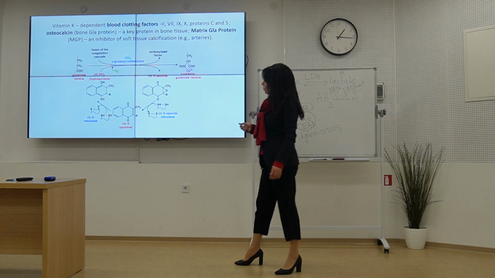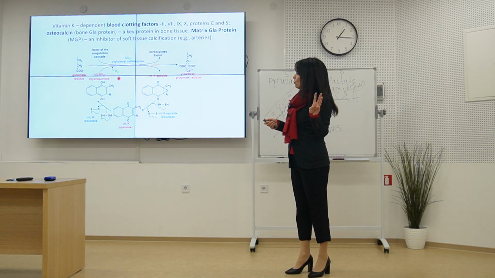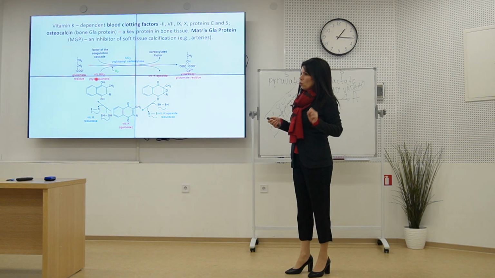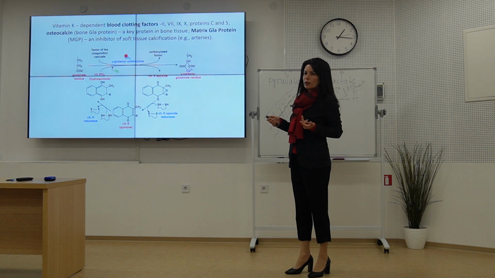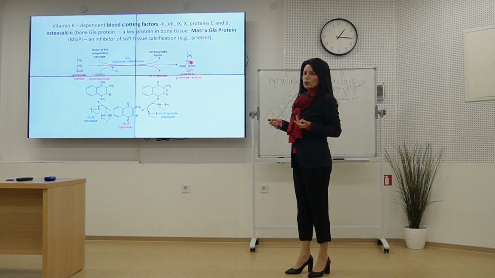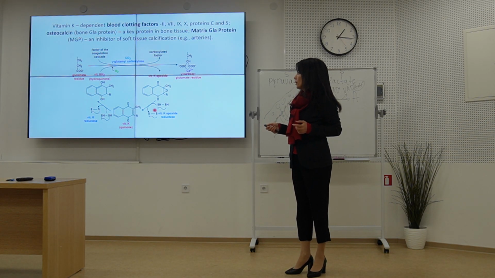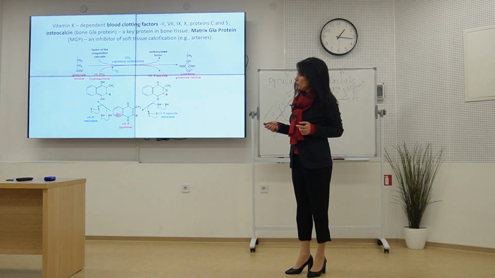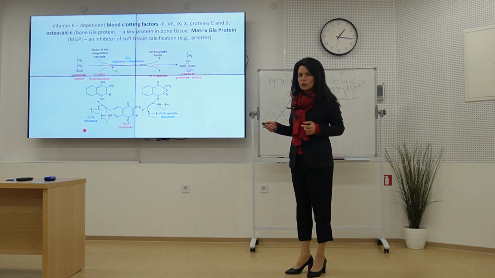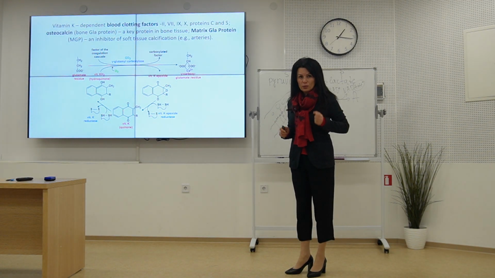Let's see the reaction. Vitamin K is used in 3 forms. The first form is the hydroquinone form of vitamin K, which enters the reaction together with molecular oxygen and carbon dioxide. After that, the second carboxyl group is formed at the gamma position, and vitamin K turns into vitamin K epoxide. This is the second form of vitamin K. Then, vitamin K epoxide needs to be restored by 2 reductase reactions, with vitamin K epoxide reductase enzymes.